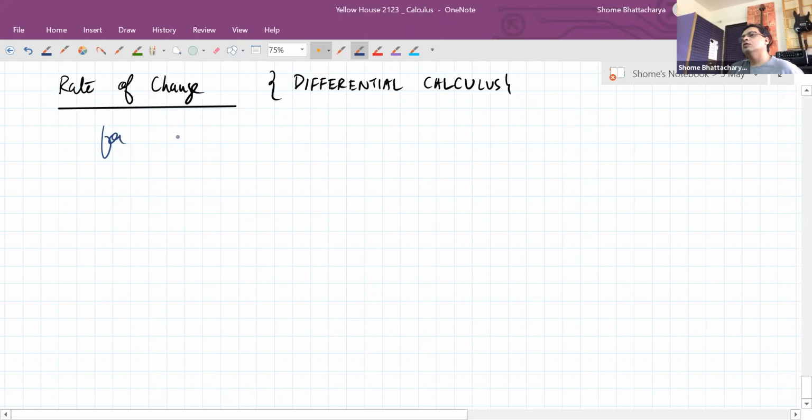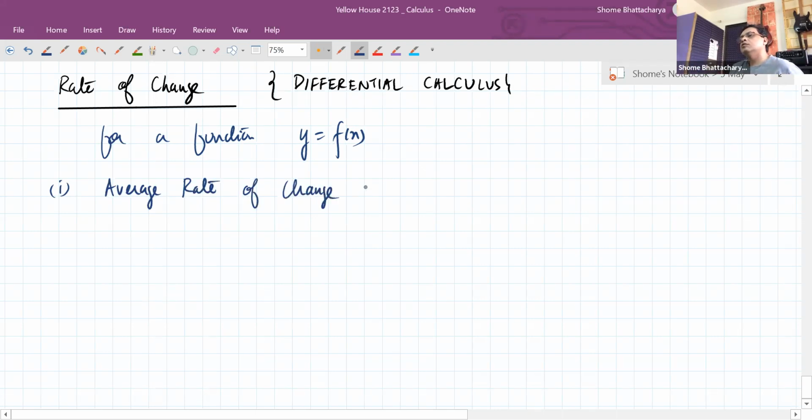So for a function y equal to f(x), as we saw last time, we defined two types of rate of change. One is the average rate of change, like we'd seen average speed. It is denoted by the symbol delta y by delta x, and that just becomes (y2 minus y1) upon (x2 minus x1).